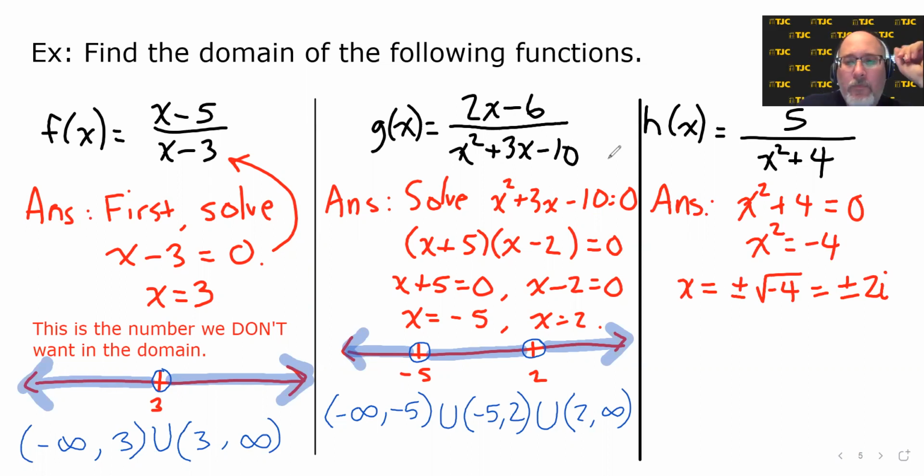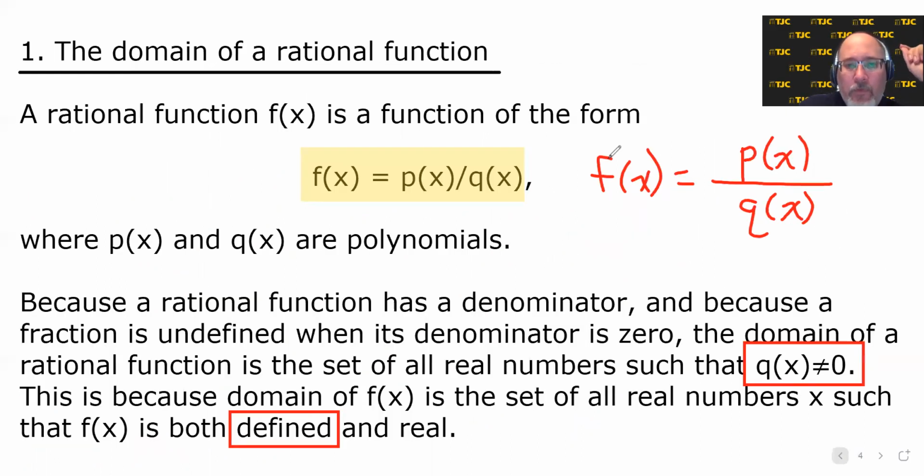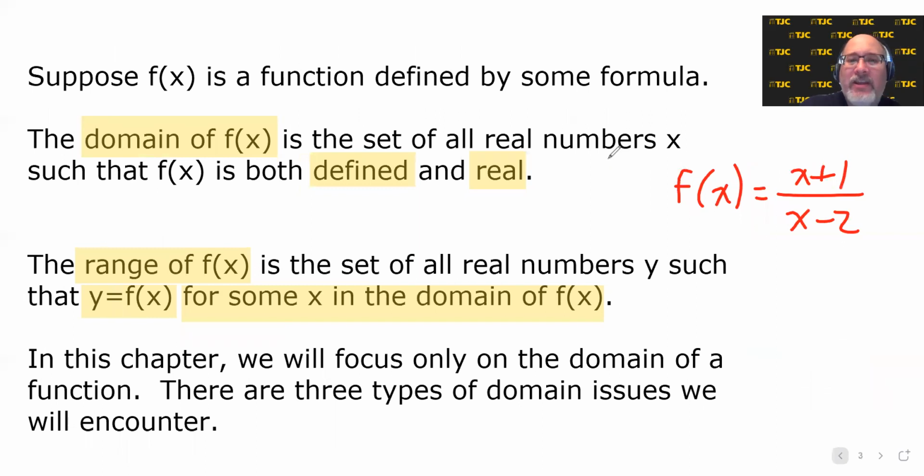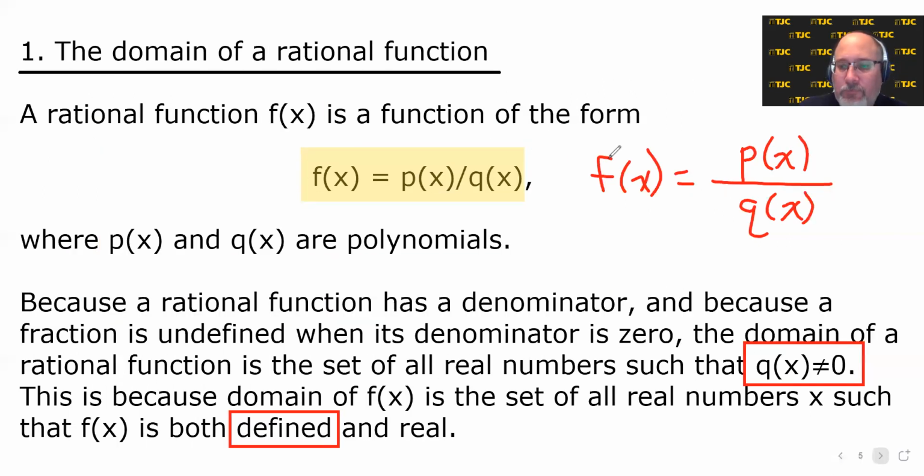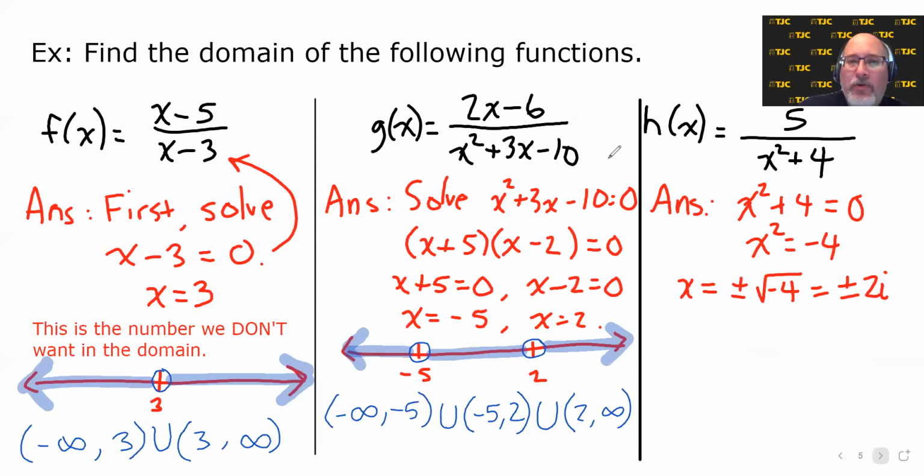Well, by definition, the domain is the set of all real numbers that make the function both defined and real. The only numbers that make this function undefined are these. In other words, those two numbers would cause this denominator to become 0.